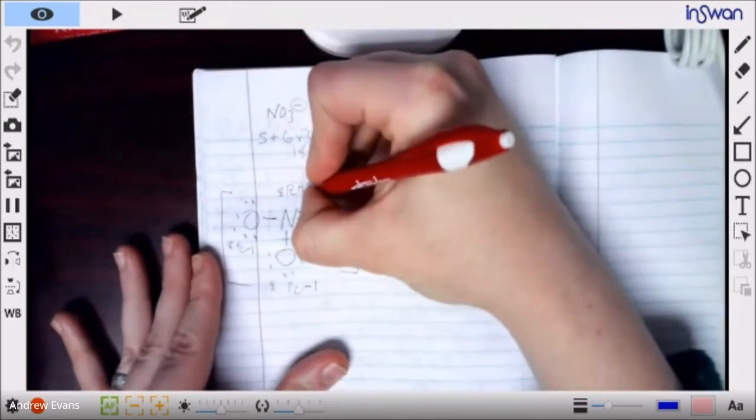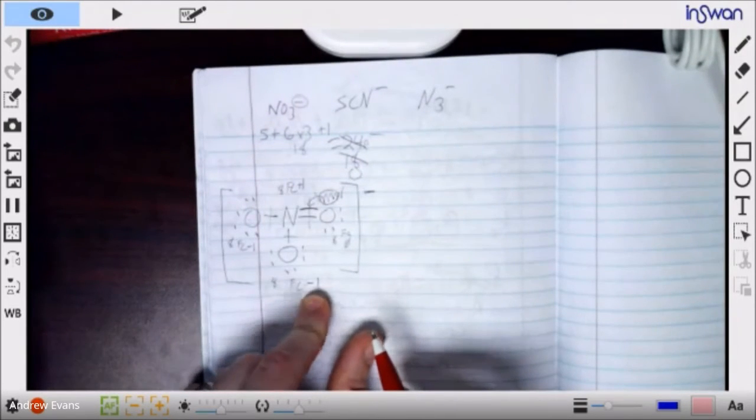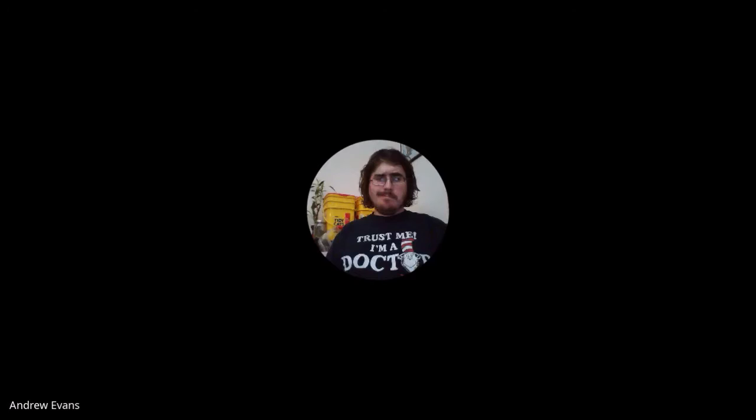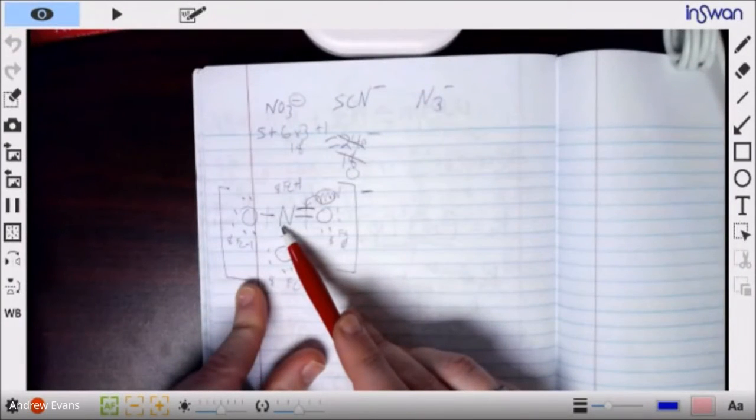Now, when we add this all up, +1, -1, -1, they add up to the total charge of -1. So the nitrate structure has 2 negative formal charges and 1 positive formal charge on the nitrogen. But that is the most stable structure. Try drawing another structure that doesn't have that situation going on.